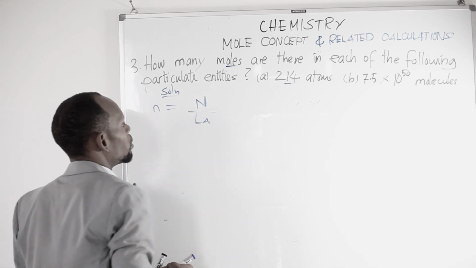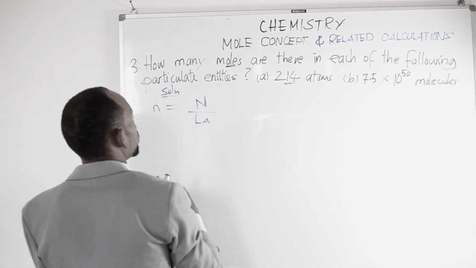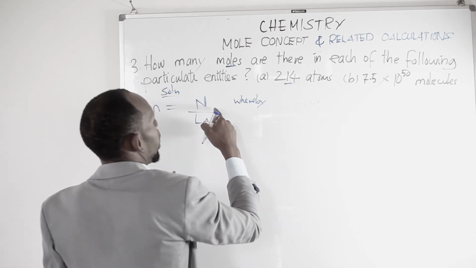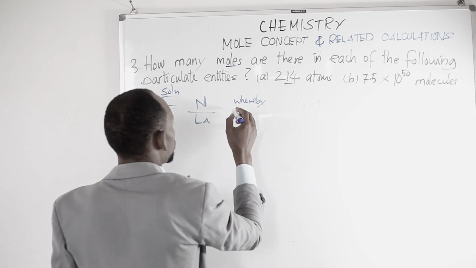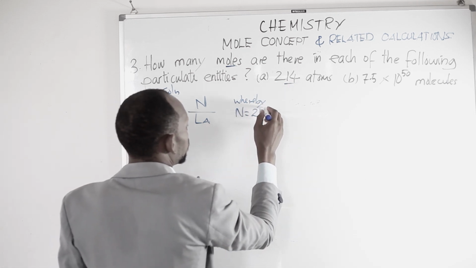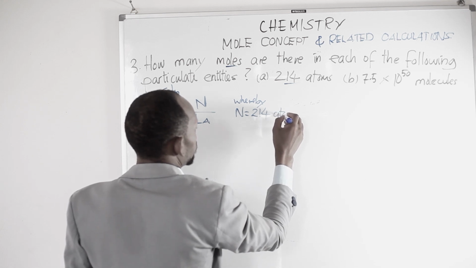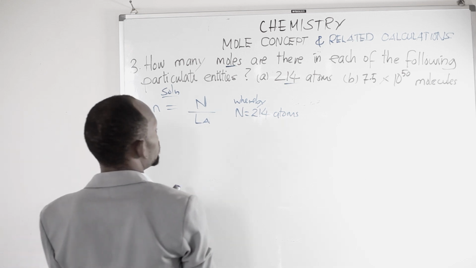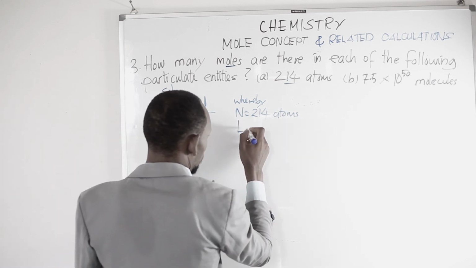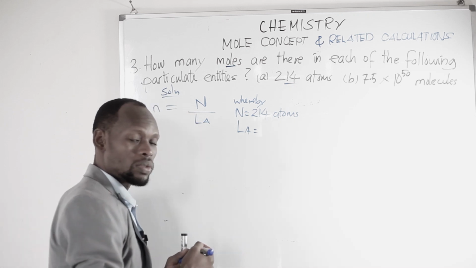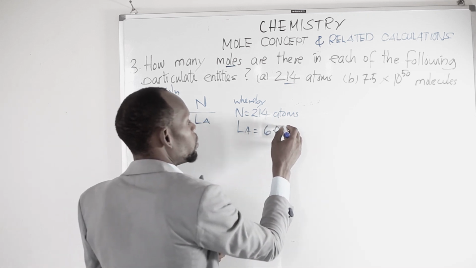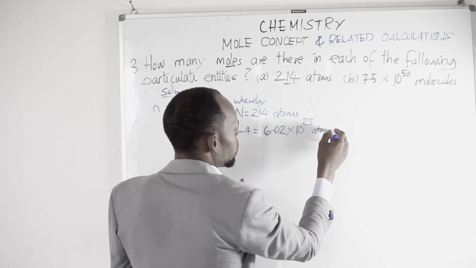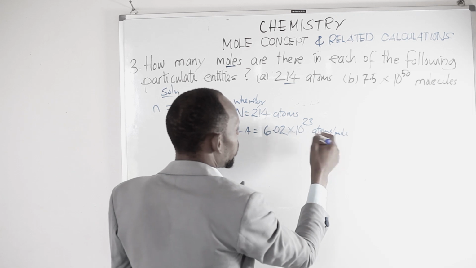That is the formula. And here, for the number of particles, you are given this. So N is 214 atoms. Another data: Avogadro's constant is always 6.02 times 10 exponent 23 atoms per 1 mole. So 1 mole contains this.